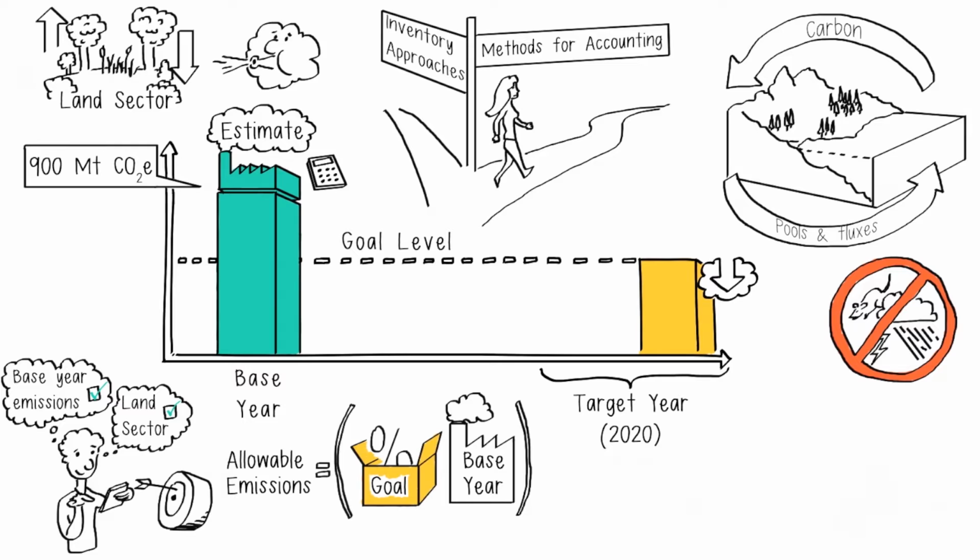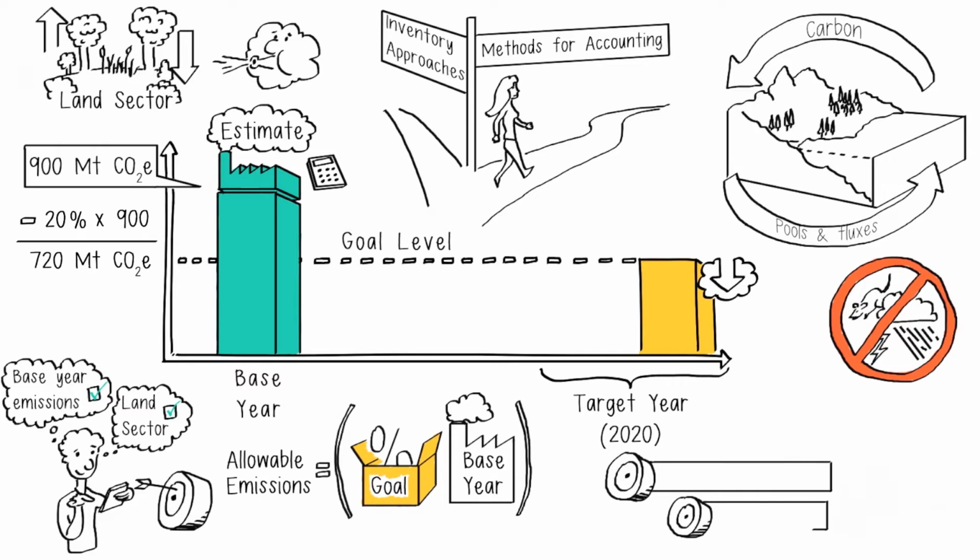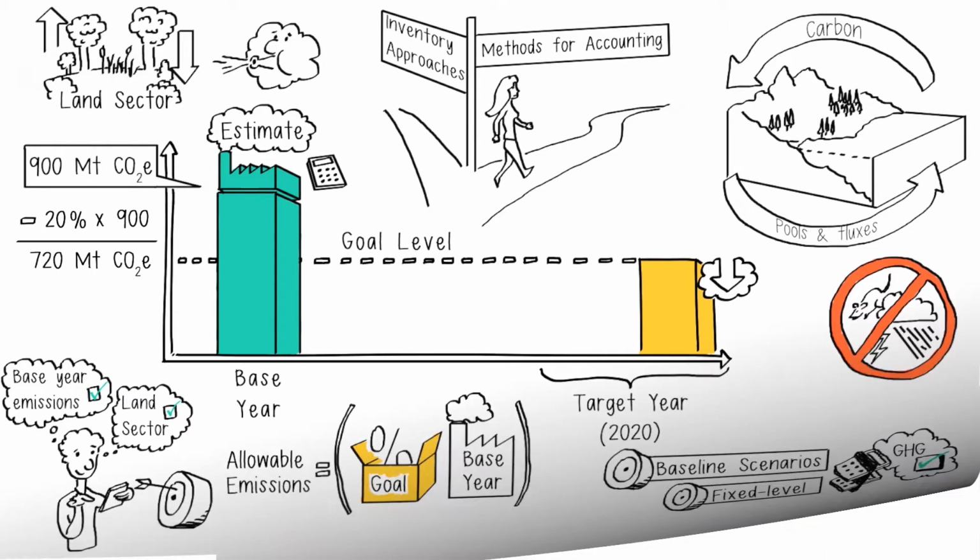The goal stated a 20% reduction of the base year emissions, or 900 megatons CO2 equivalent minus 20% of 900 megatons CO2 equivalent, equaling 720 megatons CO2 equivalent in the target year. This is the value that will be compared against to indicate whether the goal has been achieved or not. Other goal types, such as baseline scenario or fixed level goals, have a different approach for calculating allowable emissions. We will explore these later.